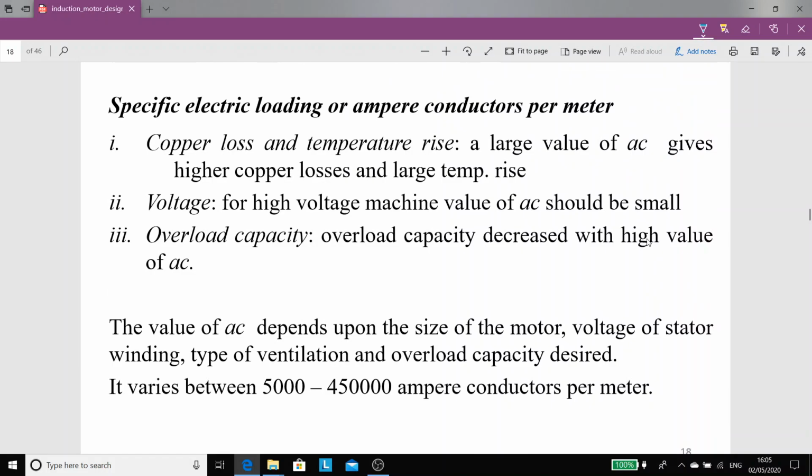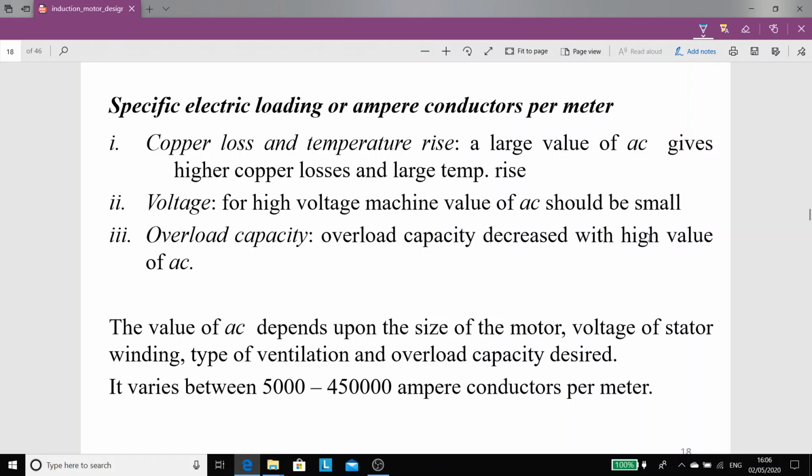I hope all of you understood the derivation of the output equation of the induction motor, as well as the different parameters we need to consider while selecting specific electric loading and specific magnetic loading, and the advantages and limitations of using higher values of each.